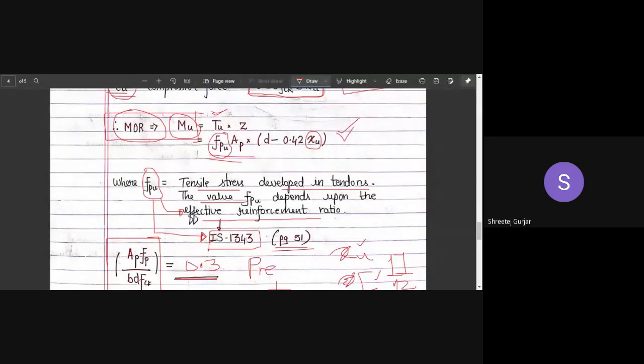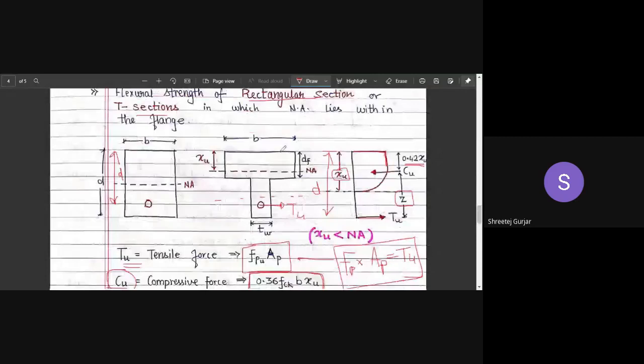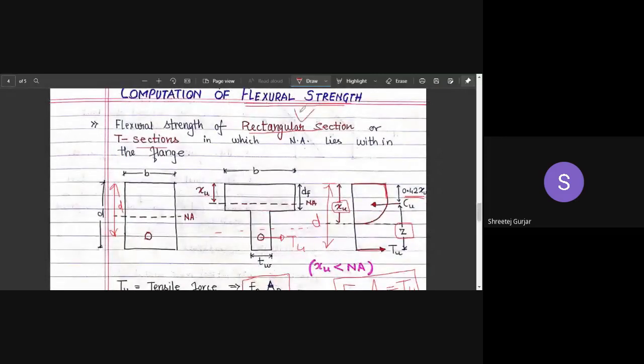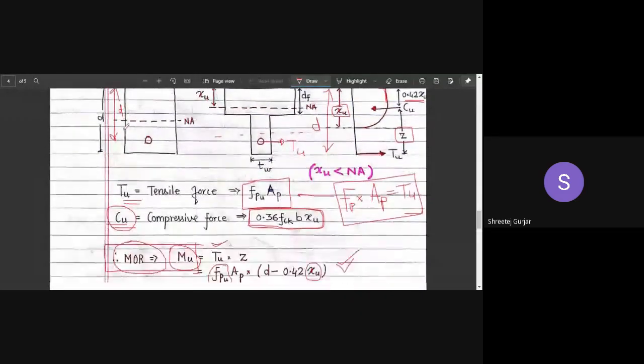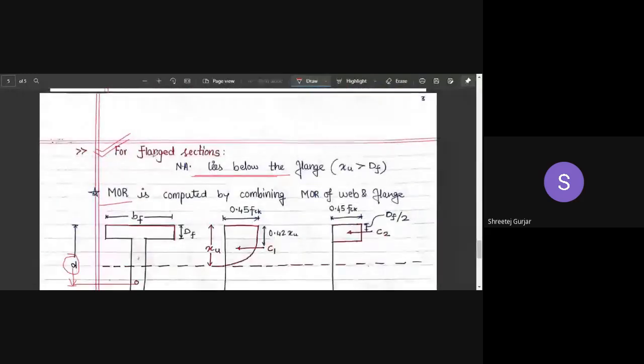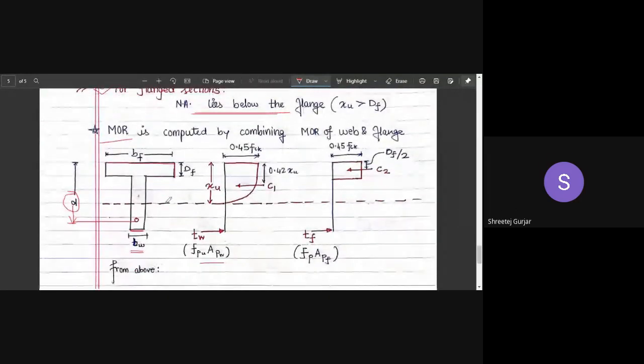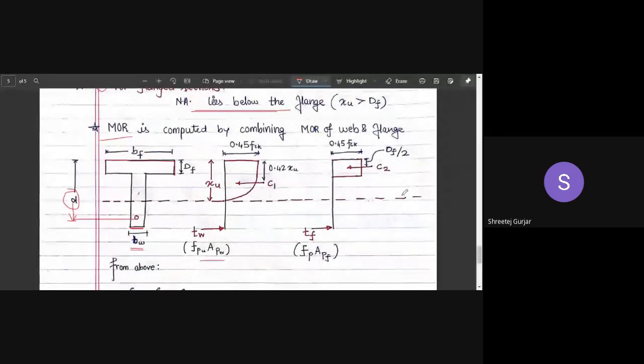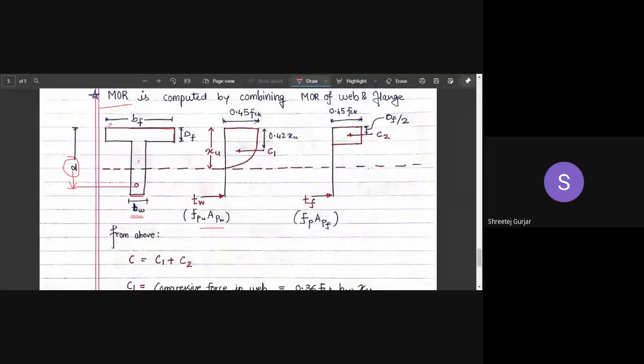This is very easy when your section is a rectangular section. But moving on to the next section, when your neutral axis is below your flange, as I've told you, this is BF, the breadth of your flange, then DF is the depth of your flange, then this is the thickness of your web.